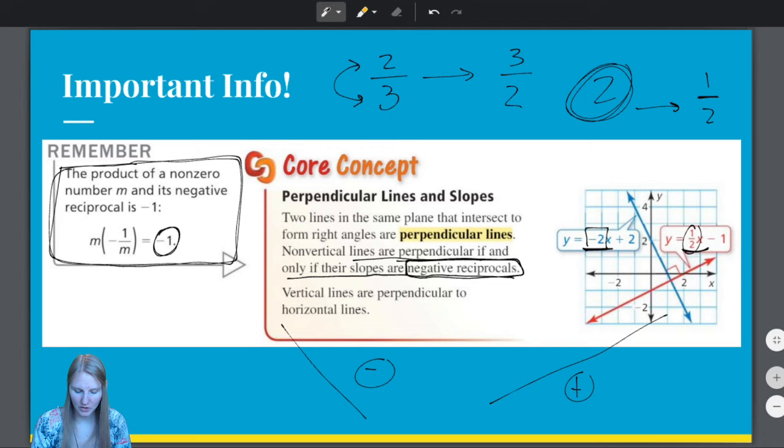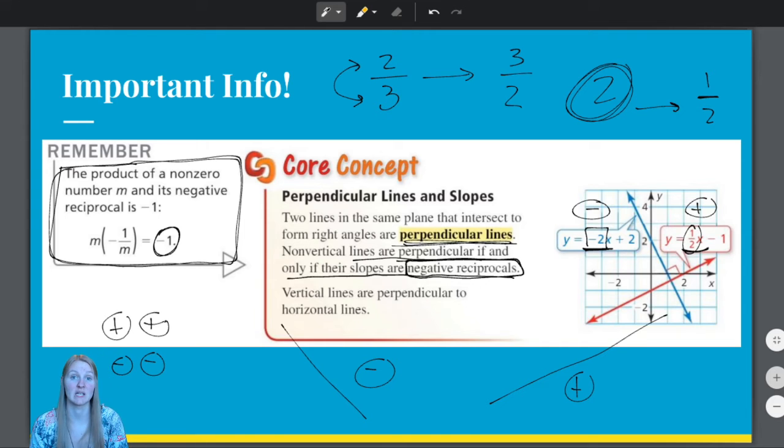If both of your slopes are falling, can they ever be a perfect 90-degree angle? No. So one of your slopes needs to be negative and the other slope needs to be positive in order for you to have perpendicular lines. Parallel lines, they both need to be positive or they both need to be negative.